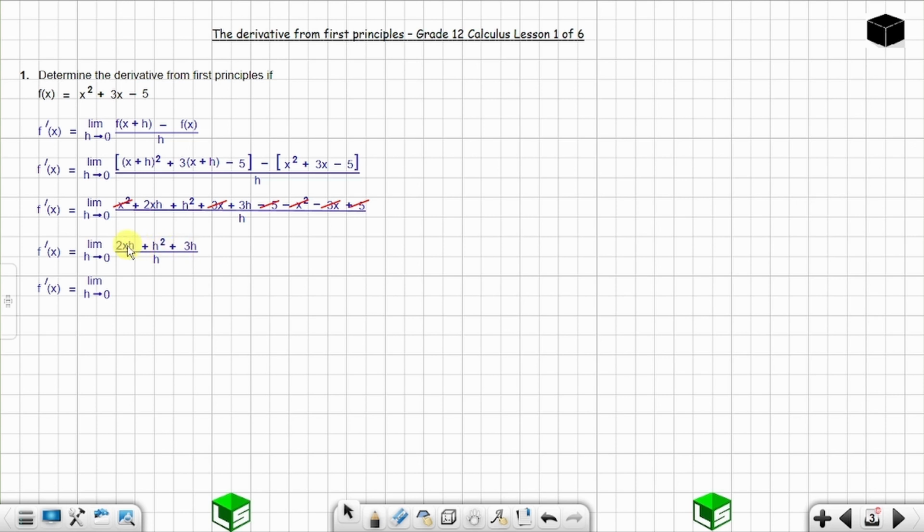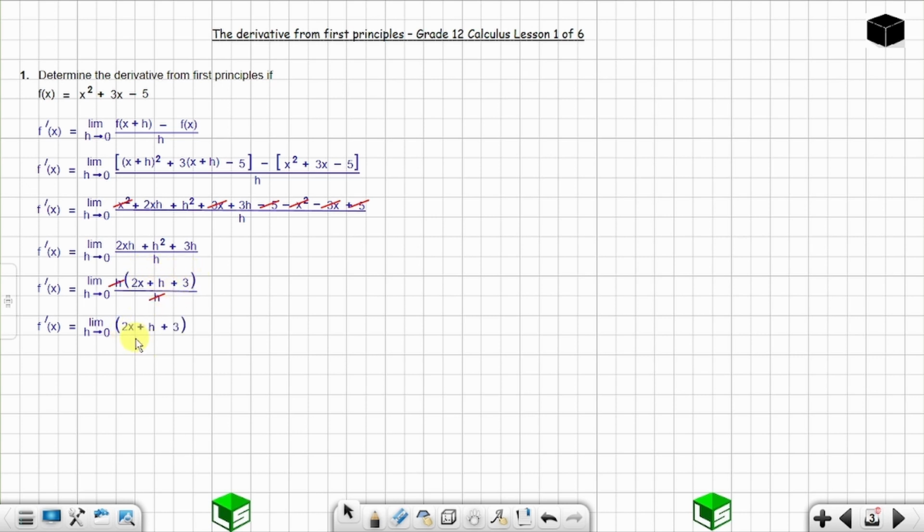You factorize h outside of the bracket, you remain with 2x plus h, and then plus 3, over h. So this and this, they cancel. You only remain with this. F prime of x is equal to the limit as h goes to 0. So you only remain with this.